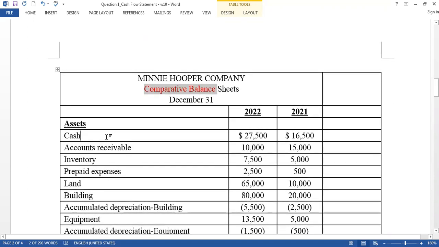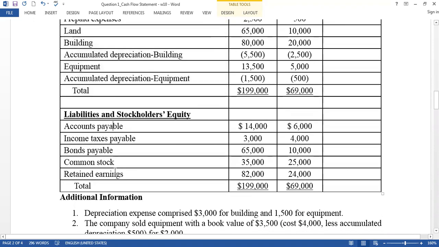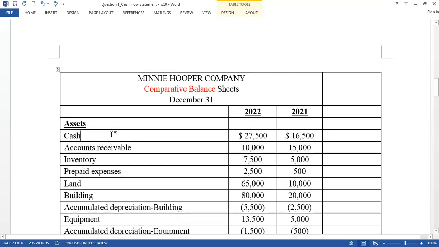Now, because we have three activities: operating activities, investing activities, and financing activities, we have to differentiate these accounts based on the different activities. We know that accounts receivable is a current asset, and I told you that current assets are related with revenue.